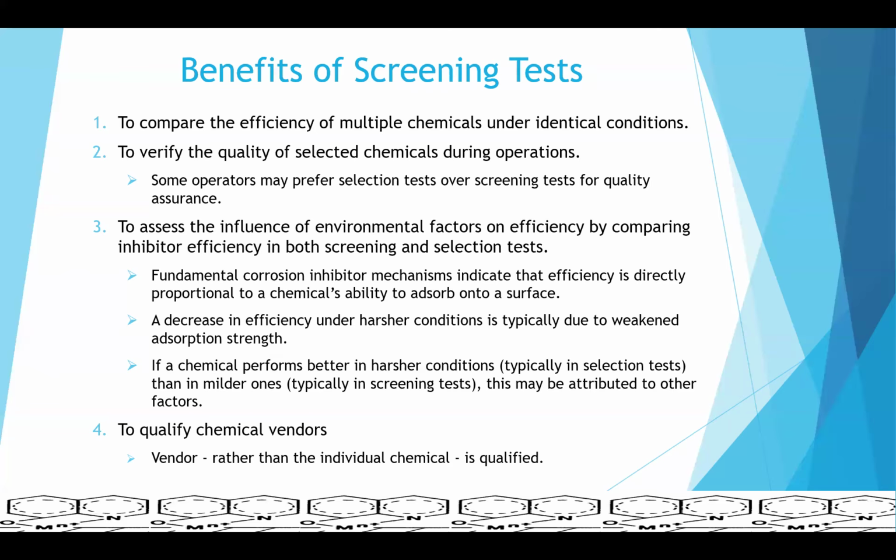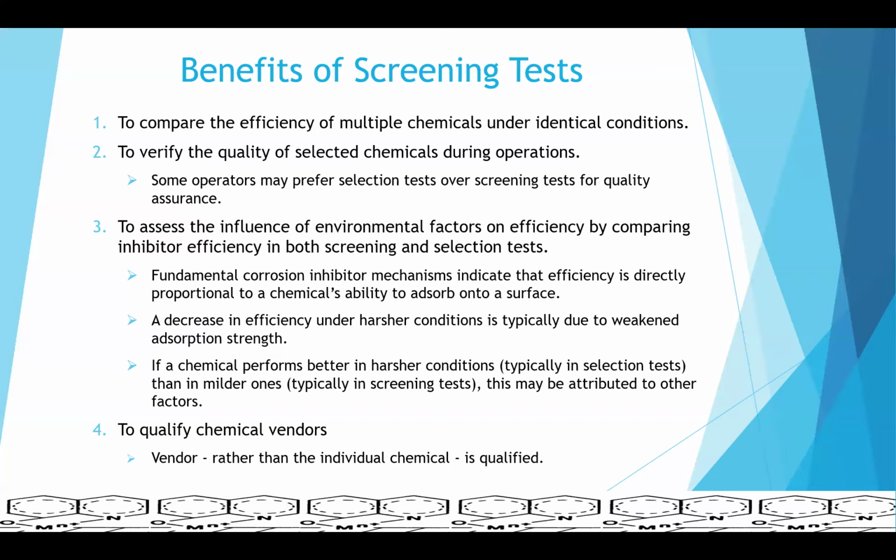But understanding the efficiency using the screening test will give a good quantitative value as to what is the maximum efficiency of the corrosion inhibitor, what is the maximum strength of adsorption of the chemical on the metal surface.